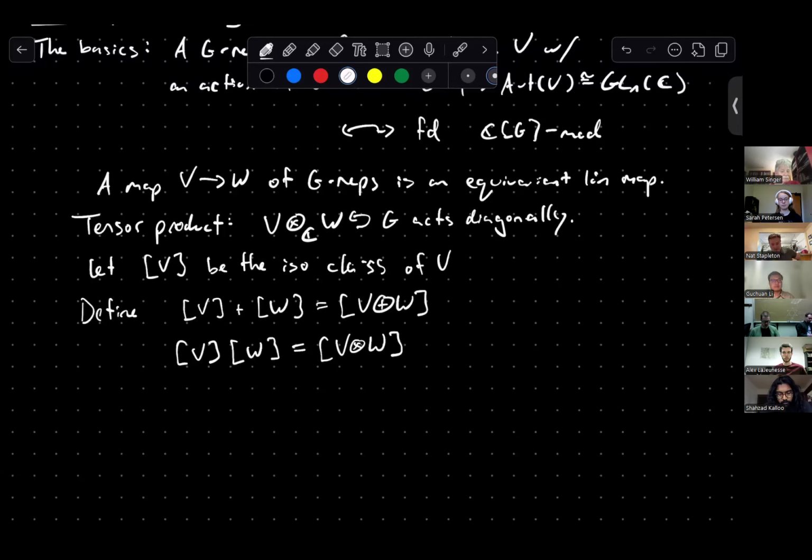And each of these operations has an associated identity. So the additive identity 0 is the isomorphism class of the zero-dimensional complex G representation. And the multiplicative identity 1 is the isomorphism class of the one-dimensional G representation with trivial G action.